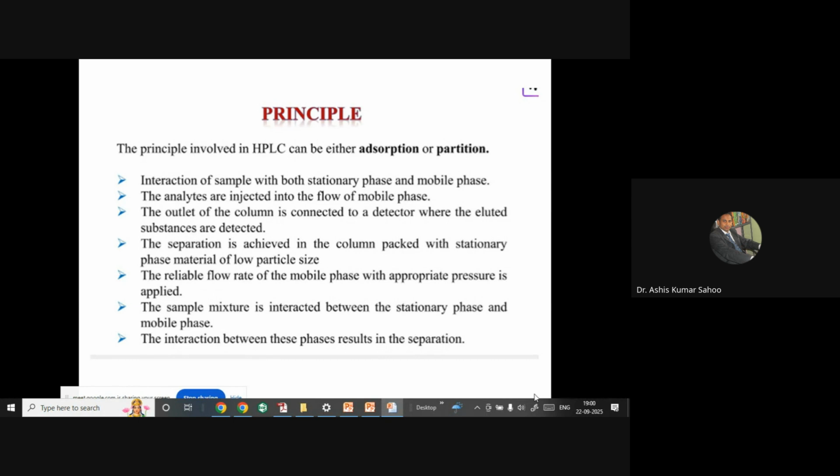So what is removed from the system will be detected in the detector. The separation is achieved in the column packed with stationary phase material of low particle size, and a reliable flow rate of mobile phase with appropriate pressure is applied. As a result, we can separate the sample mixture.